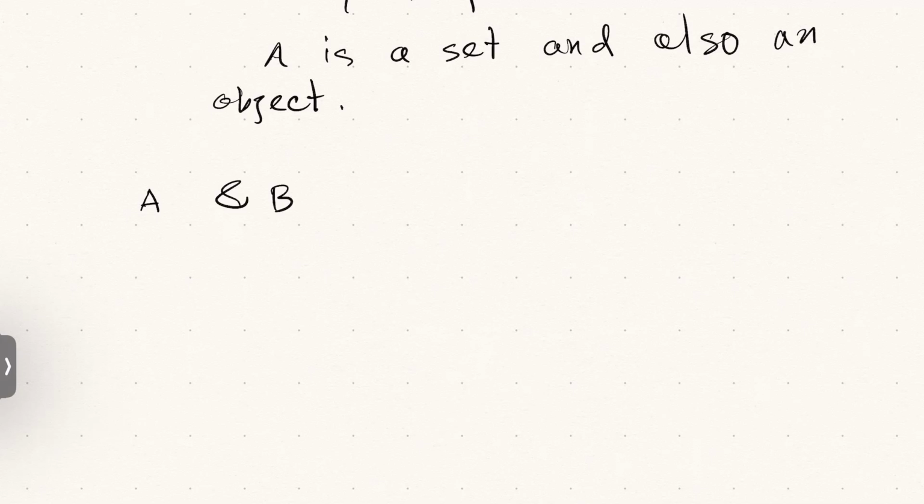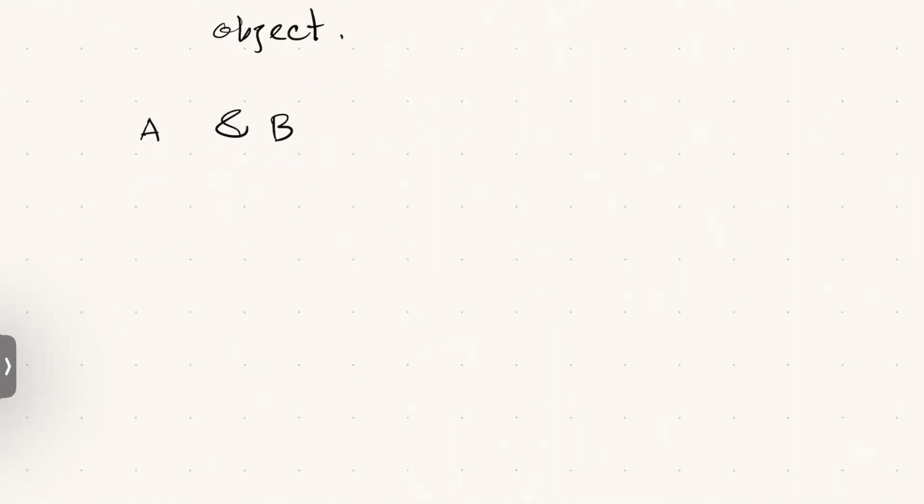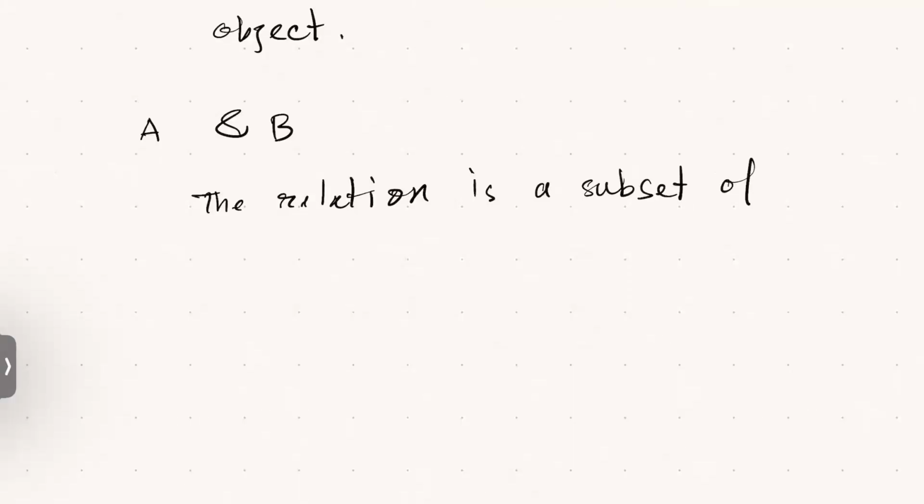Then the relation is a subset of the Cartesian product A cross B.